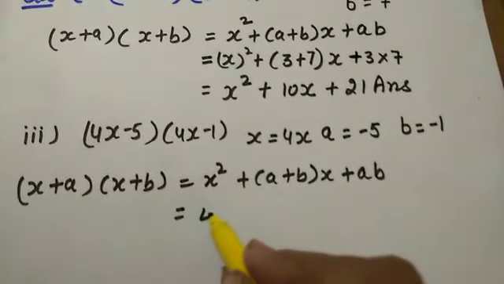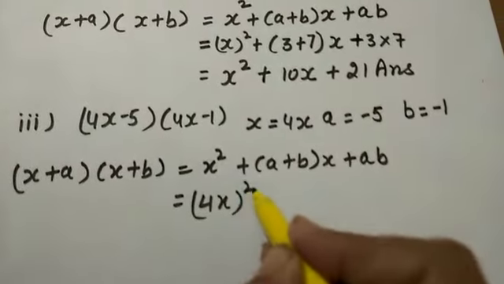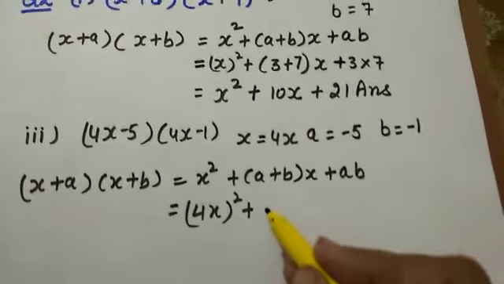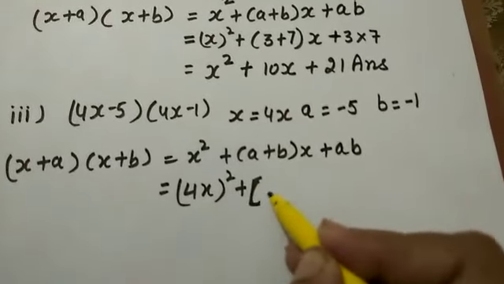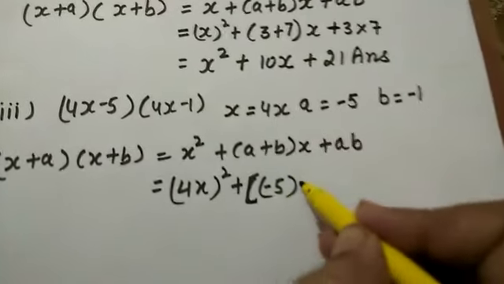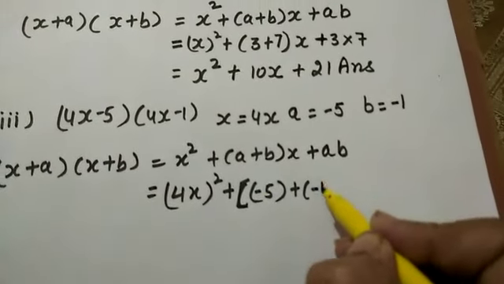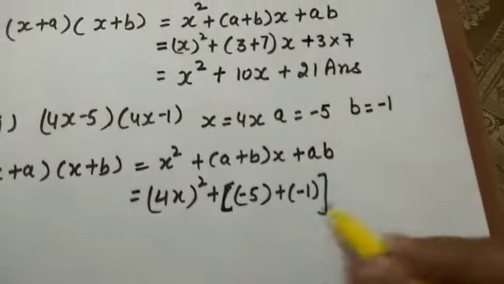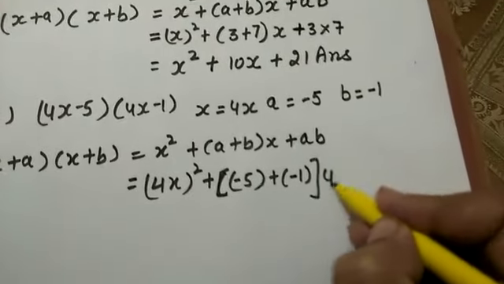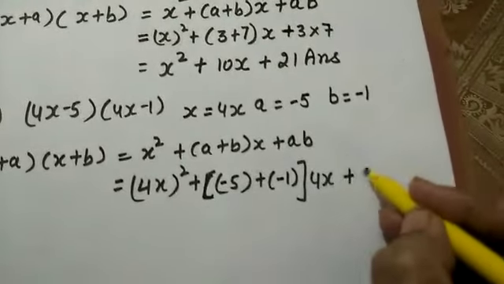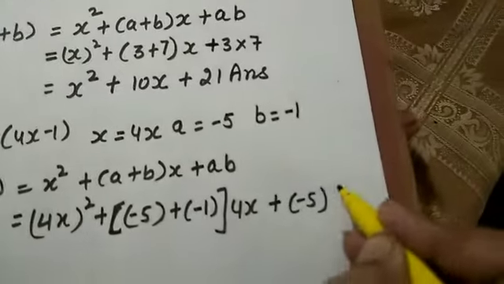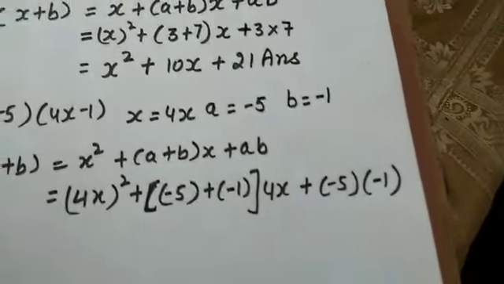Now value of x we have (4x)² plus (−5 + −1) into 4x plus (−5) into (−1).